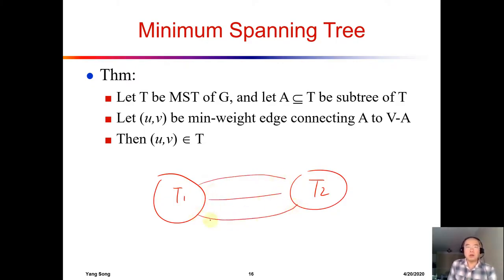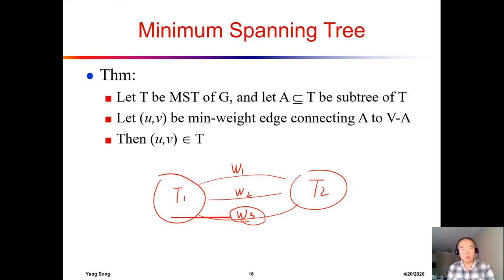If we know that the subtrees T1 and T2 are already optimal MSTs, then we only need to pick the smallest value from weight 1, weight 2, and weight 3. Say if weight 3 is the smallest one, then we just keep T1 and T2, and pick the edge with weight 3 because that's the smallest one to connect T1 and T2, and then we will have another optimal MST.